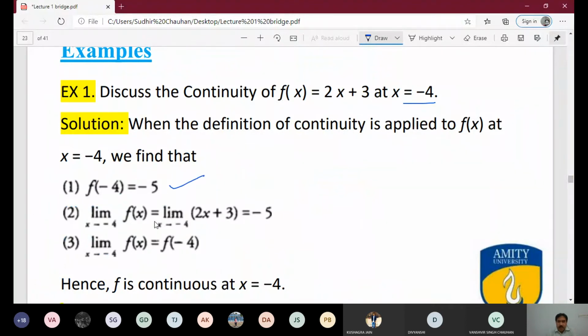We can also find the limit, that is the left hand limit and right hand limit. And if we see, the left hand limit is equal to minus 1, it is also equal to the right hand limit. So we can conclude if the left hand limit is equal to the right hand limit is equal to the value of the function, we say that the function is continuous at the given particular point x is equal to minus 4.